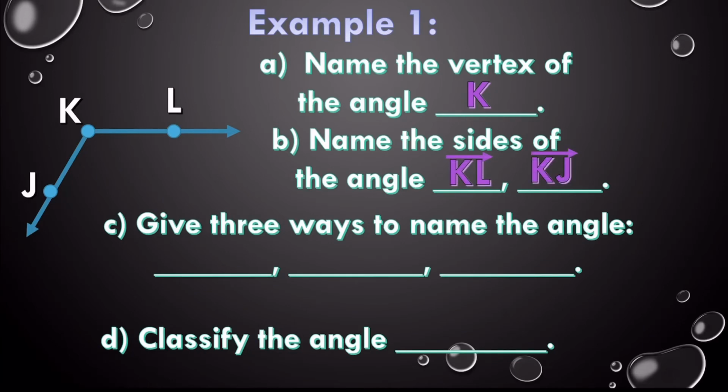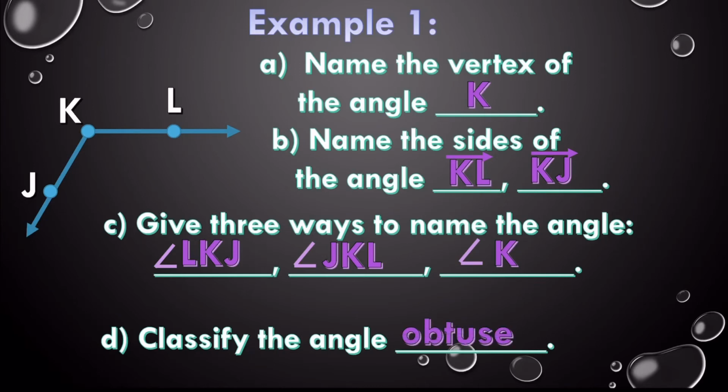We always name from the endpoint, and the endpoint of each ray is K. So the 3 ways that I could name the angle would be LKJ, JKL, or angle K. Remember, the vertex has to be in the center, always. By looking at this, one side is stretched more than L, so this would be obtuse.